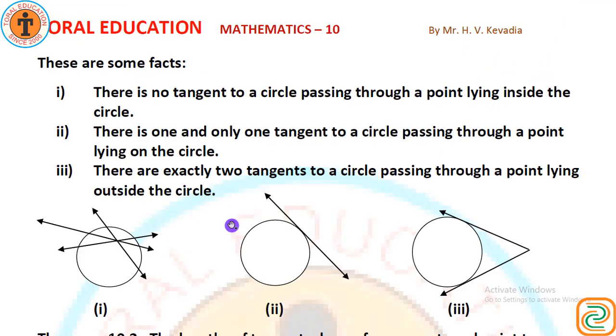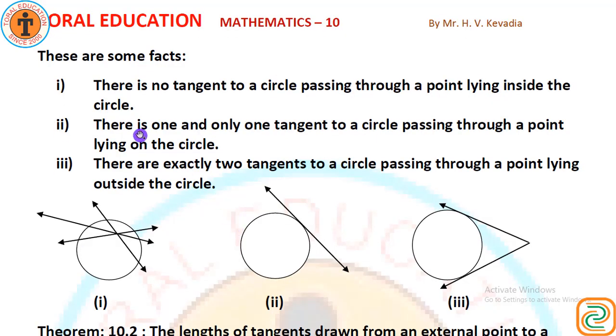Now, friends, there are some facts. There is no tangent to a circle passing through a point lying inside the circle. If a point is lying inside the circle, then one cannot draw a tangent passing through the point.